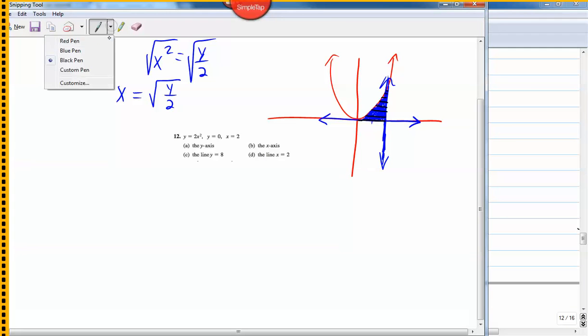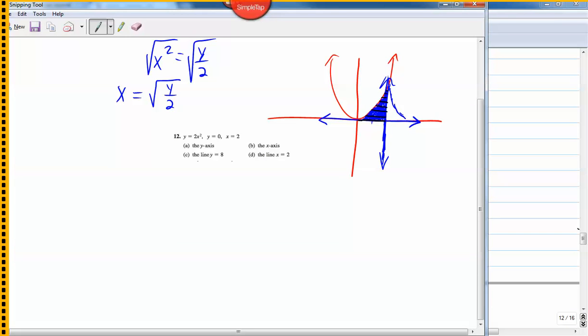Now I can draw the other side of that line up there if that helps you visualize it. It's going to come down and look like that, kind of like an upside down volcano with a tip on the end, or an upside down tornado, if you want to think about it like that. That's going to be the figure. It's going to be solid.